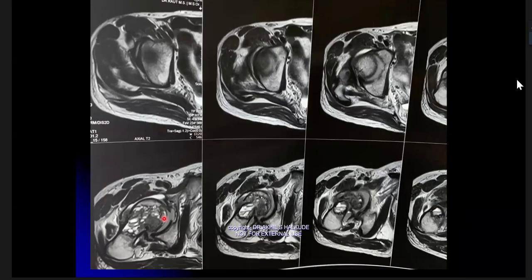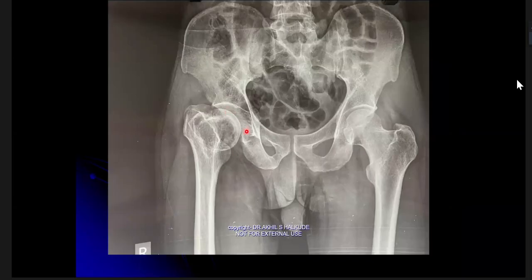When you are provided a case, always see if it is a mature or immature skeleton. Once a mature skeleton is presented, your DD changes when it involves the subarticular surfaces. Why can't this be a metastasis? Because metastasis would have presented with more destruction, a wider zone of transition, and multiple lesions.